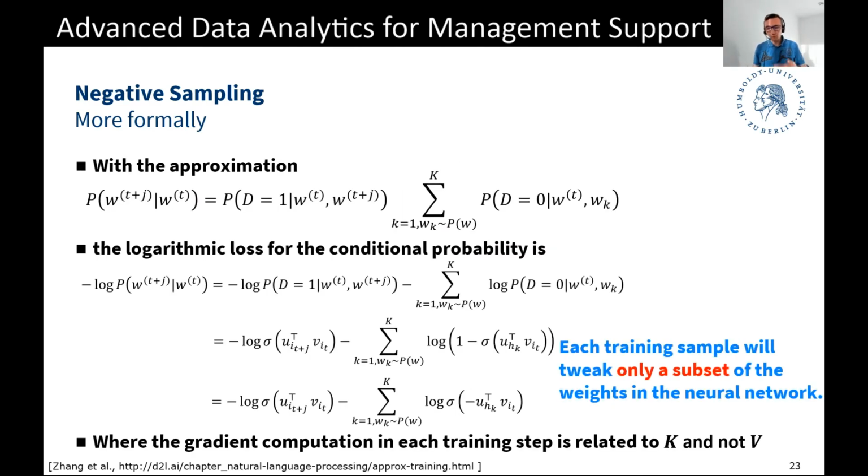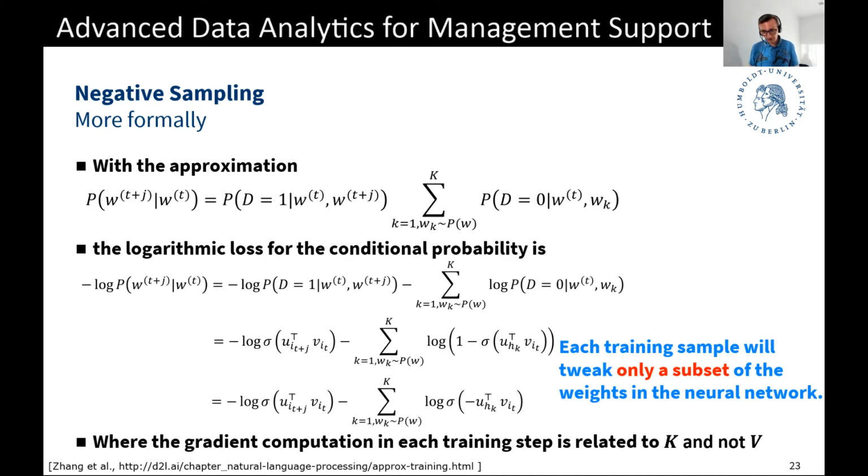And with this new approximation, we can spell out the logarithmic loss. So that's our probability, which we want to maximize for our sample. We look at the log of that to get rid of the product, turning the product into sums, right? And well, you can go through this derivation. It's not dramatically complicated. We get rid of the product by the log, and then we rearrange the equations a little bit. We enter our sigmoid classifier.